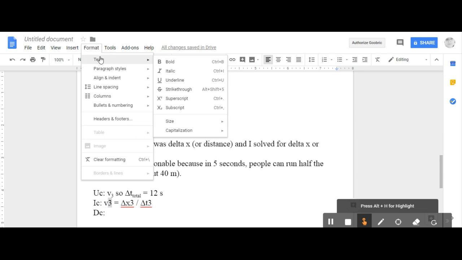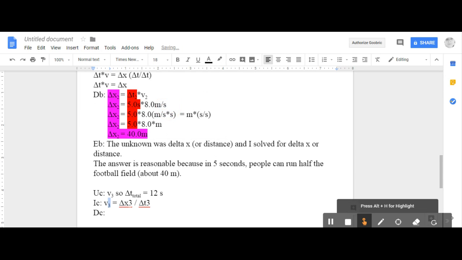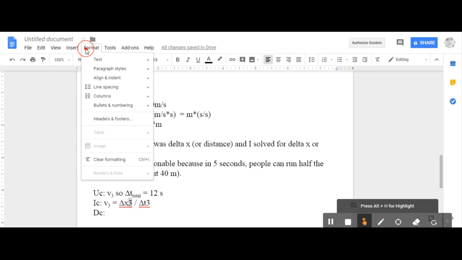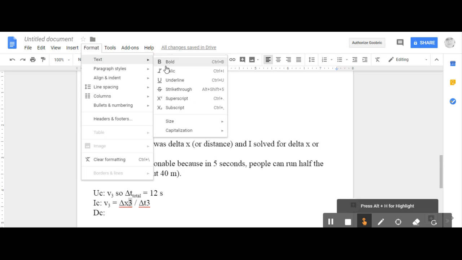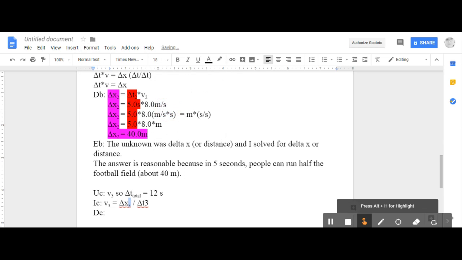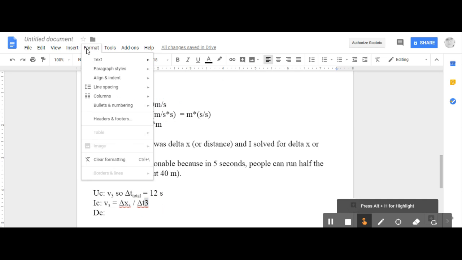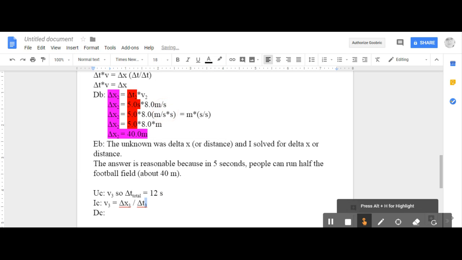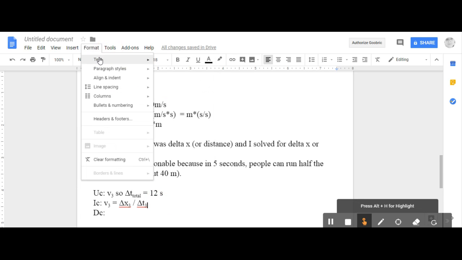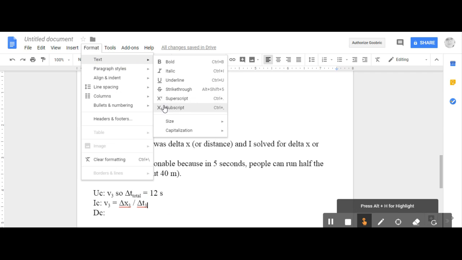Again, put those subscripts in to say that we're talking about the third velocity, the third distance, and the third time. So there's something more that we need to do in order to figure out what is the third distance, what is the third time.